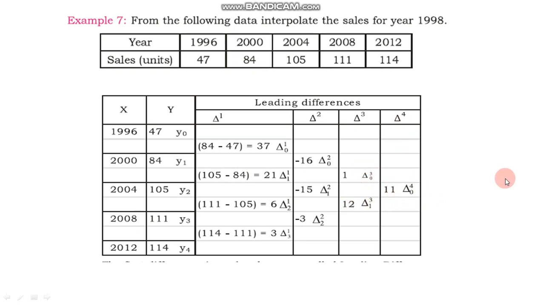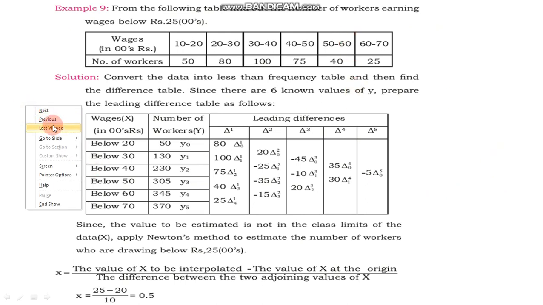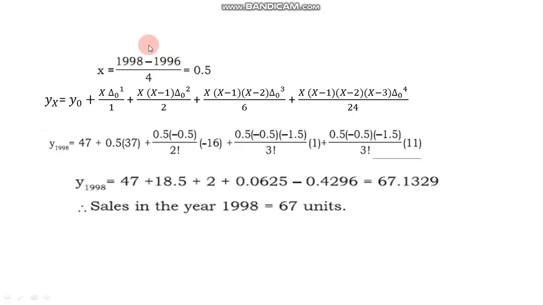We'll go for x. The given value is 1998 minus x naught, the first number in the x column, 1996, divided by the leading difference, which is 4, and we got 0.5.